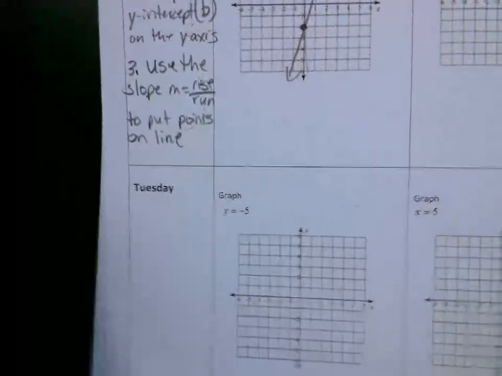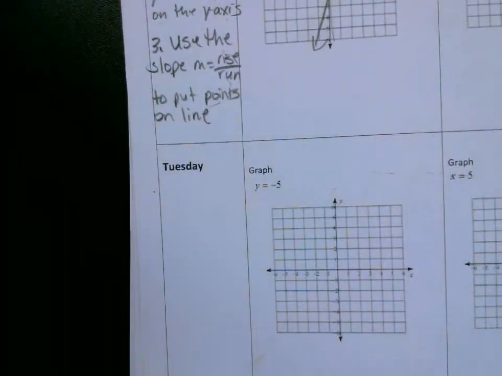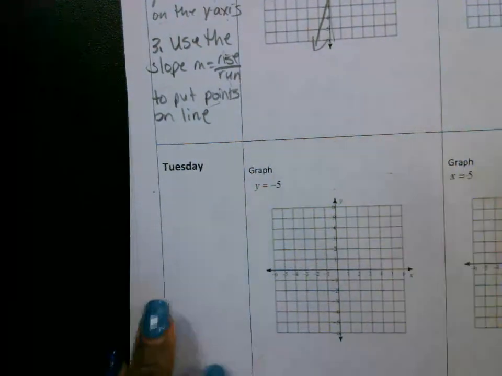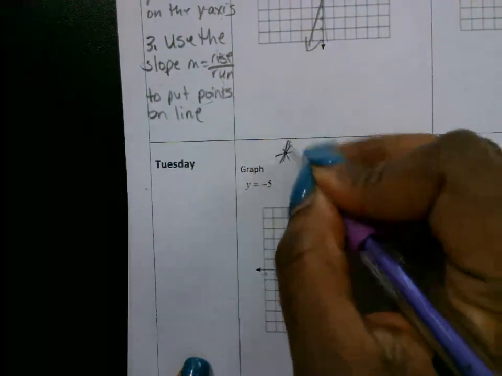I'm going to say it again just in case you missed it. Anytime you have y is equal to just a single number, it's going to go through the y-axis. When you have x is equal to a number, it's going to go through the x-axis. So I'm going to put a star. This is super important.